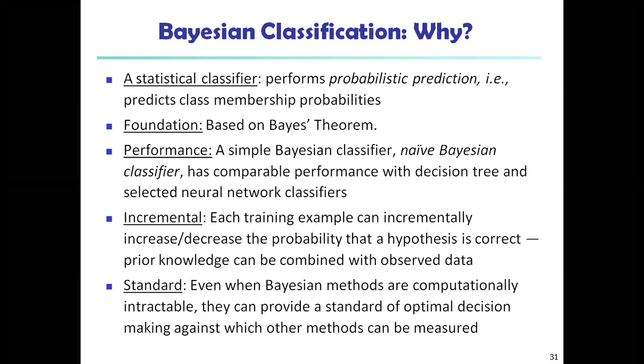Bayesian classification represents the statistical classification, performs the probabilistic prediction, predicts the class membership probabilities. Mainly, Bayesian classification is designed based on Bayes theorem, and its performance: the simple Naive Bayesian classifier has comparable performance with decision tree and selected neural network classifiers.